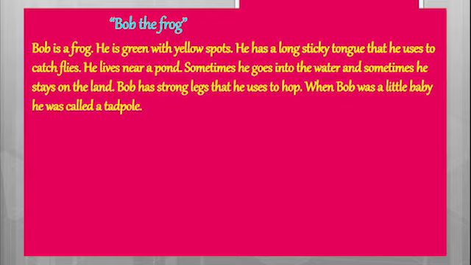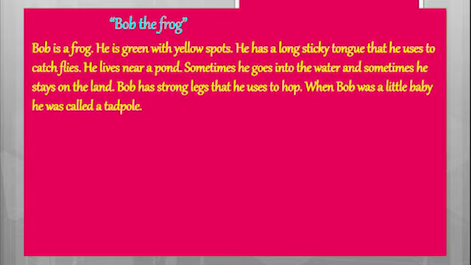So basically the tongue of the frog is usually long and sticky, that they use to catch flies and insects. And he lives near a pond. So Bob lives near a pond.